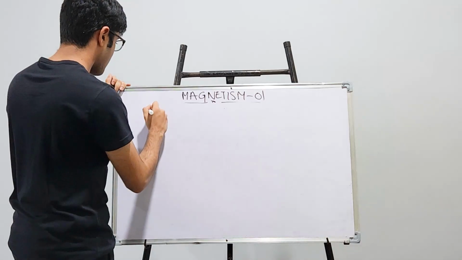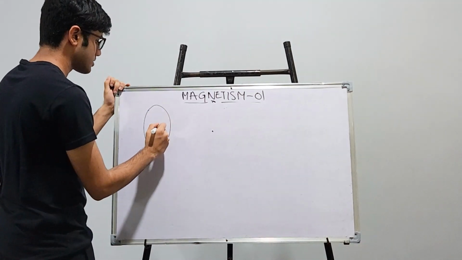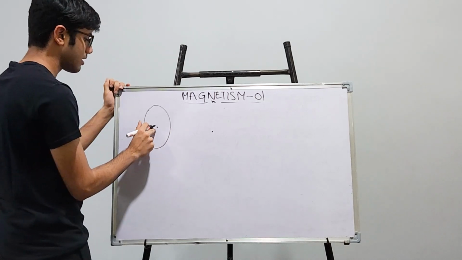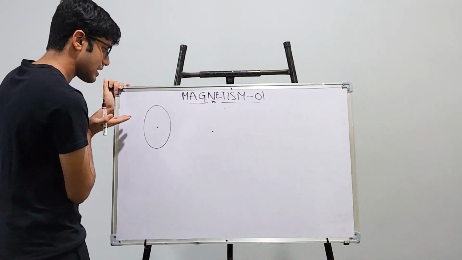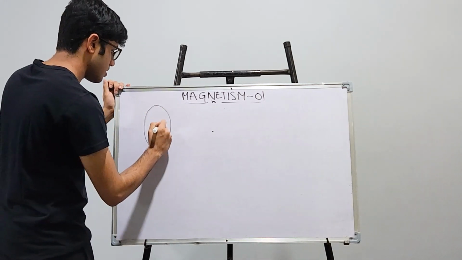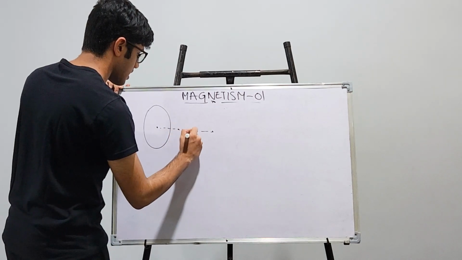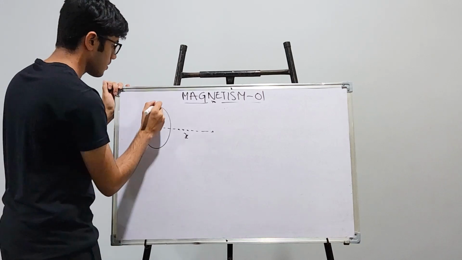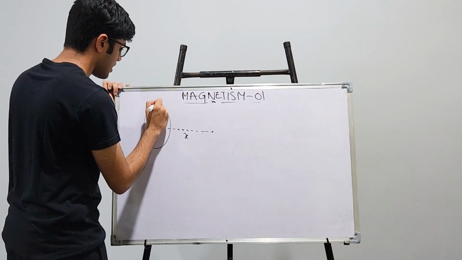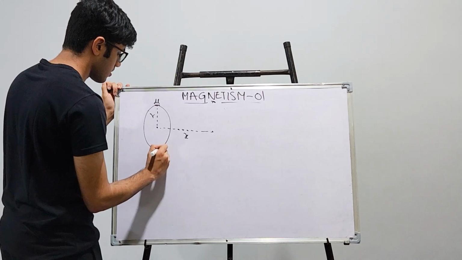Let us calculate the magnetic field at the axis of this current carrying circular loop. We first calculated it at the center of the current carrying circular loop. Now let us calculate it at its axis. This is the axis. So if we join this, let us suppose this is x, this is r. We have cut out a dl element here, and we've cut out a dl element here.